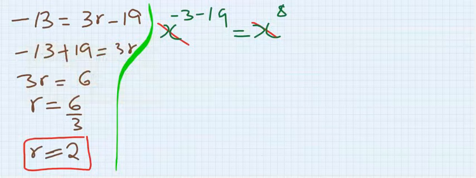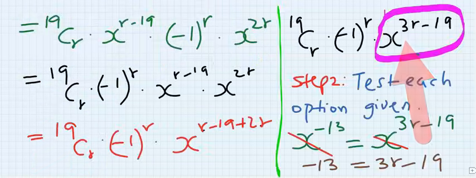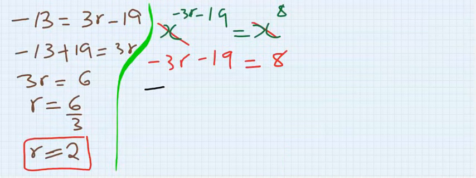I will now be left with 3r minus 19 is equal to 8. Here we got 3r, not with the minus.